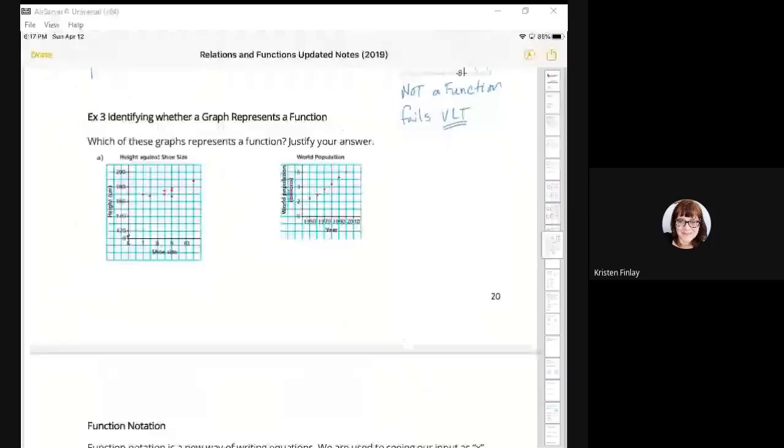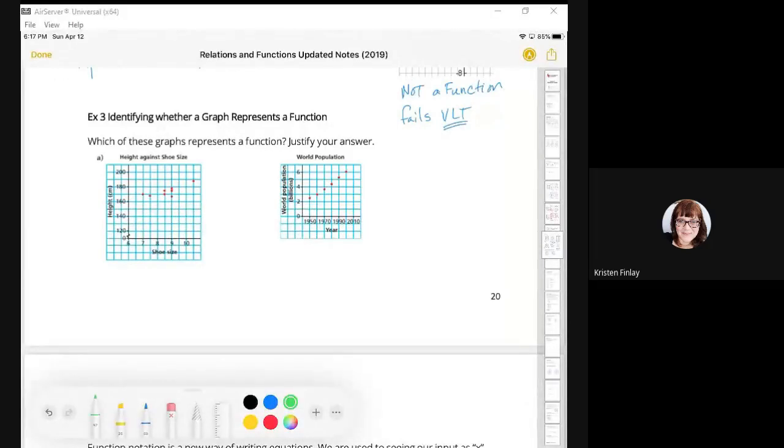Identifying whether a graph represents a function. So based on these, we can take a look and think about what we've learned. I'm going to change my color to the green because it'll be easier to see. Which of these graphs represents a function? Well, if I look at graph A and I draw a line through here, I can notice that it crosses more than once. Similarly here, so I would say that this one is not a function.